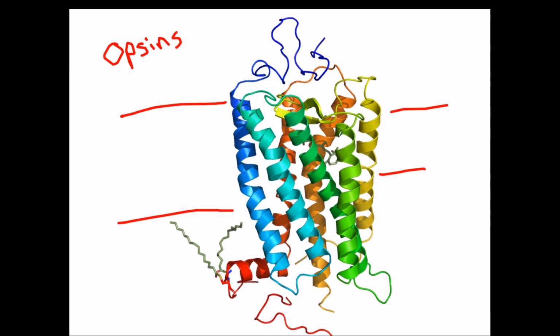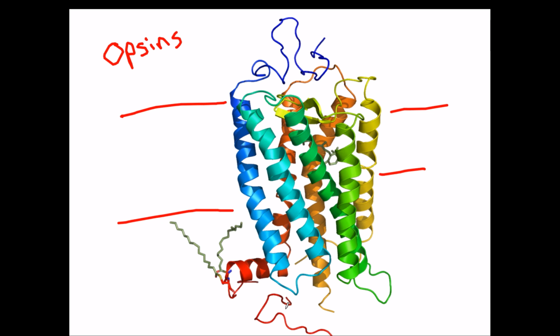And this change in retinol from cis to the trans configuration is going to cause a change in opsin and cause opsin to become enzymatically active and start the rest of the chain reaction. So that's at the most basic level what's going on with photoreception.